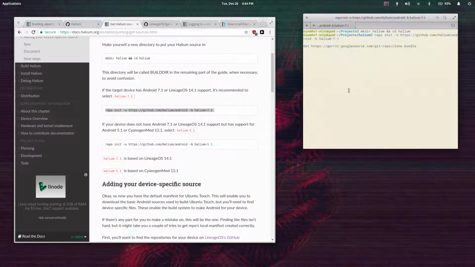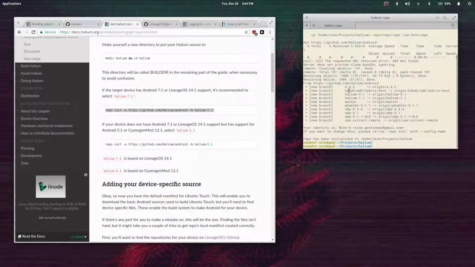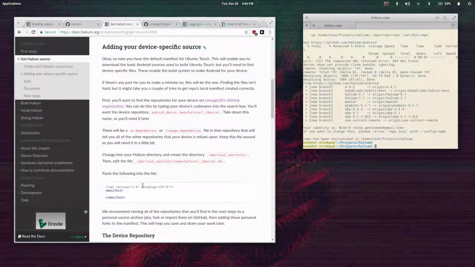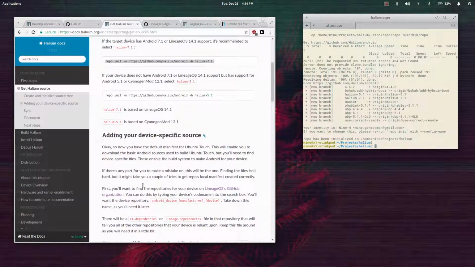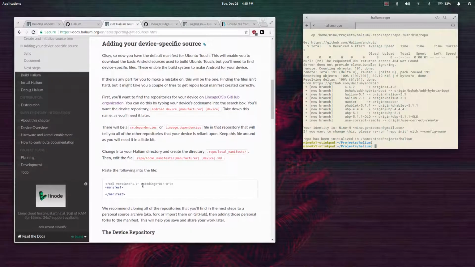Okay, now it's important to note that this command repo is from Ubuntu's Phablet Tools project. Cool. So you're gonna have a little bit of trouble if you don't install Phablet Tools first.